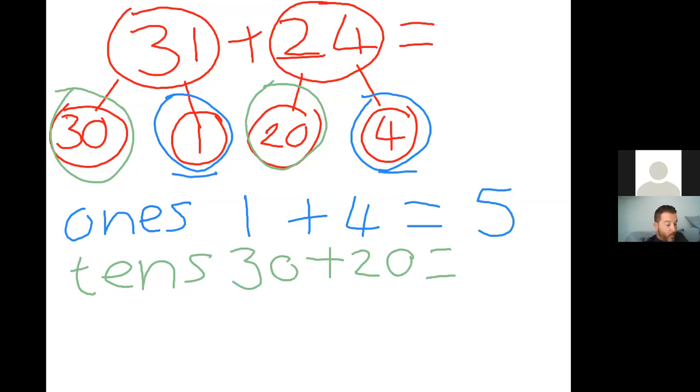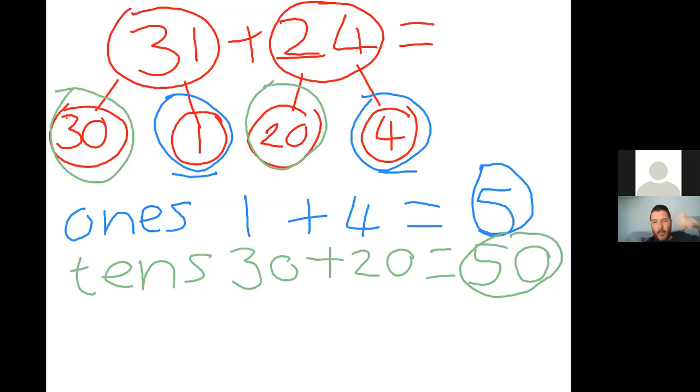Now remember what we learned in school. 30 add 20 is the same as 3 add 2, but it's going to be 10 times bigger, isn't it? So if 3 add 2 is 5, then 30 add 20 is going to be, that's right, 50. Okay, so now we've got both our parts. We've got our ones total, where we've added up all the ones, and we've got our tens total, where we've added up all the tens.